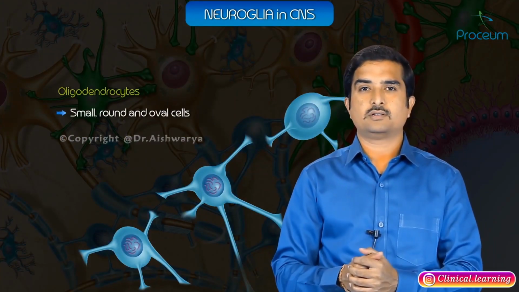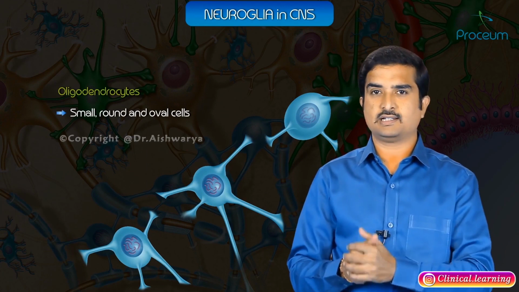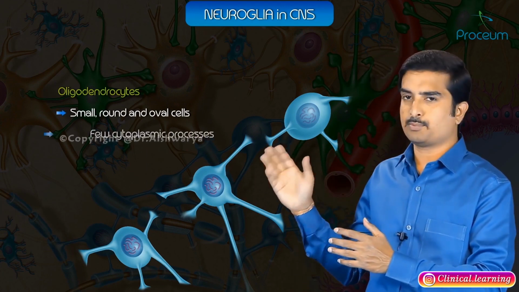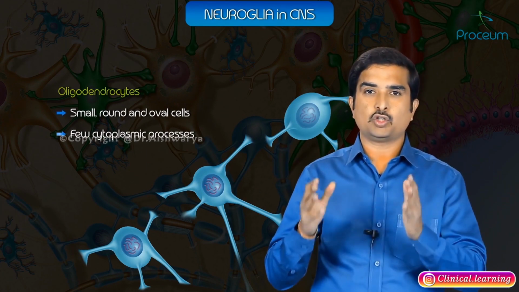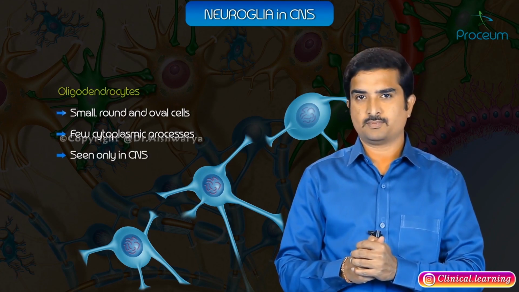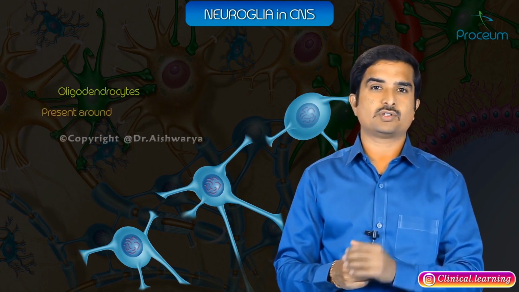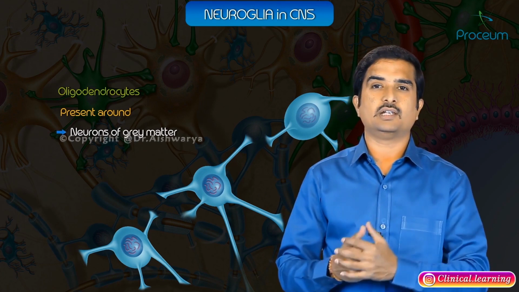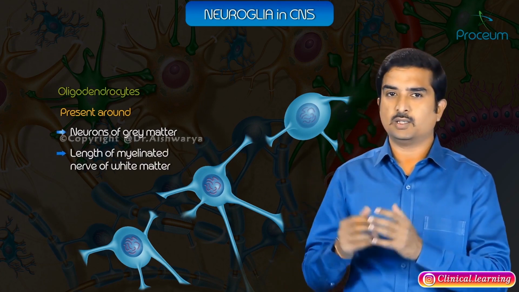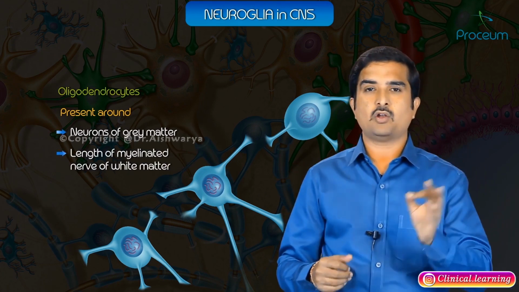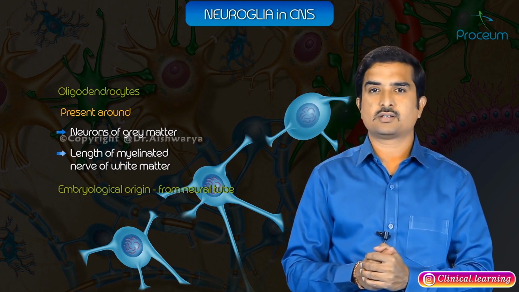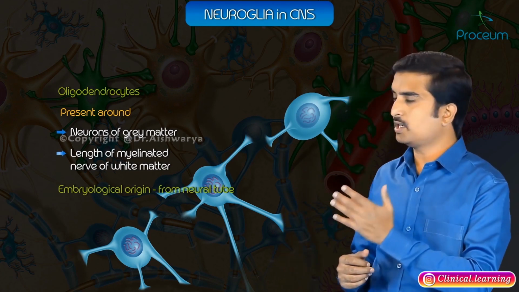Oligodendrocytes are small, round and oval cells with few cytoplasmic processes. They are present only in the central nervous system and are found around the neurons of the grey matter and along the length of the myelinated nerve in the white matter. Embryologically, the oligodendrocytes are formed from the neural tube.